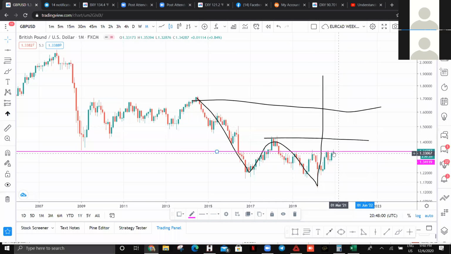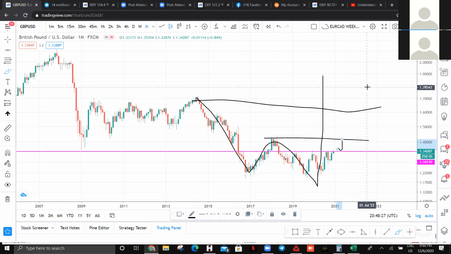If at the end of December you see a break out of this area here, what we're expecting is an upward movement. So if it breaks out in 2021, we should be expecting GBP USD to go on a bullish run based on this W pattern that you're seeing here.